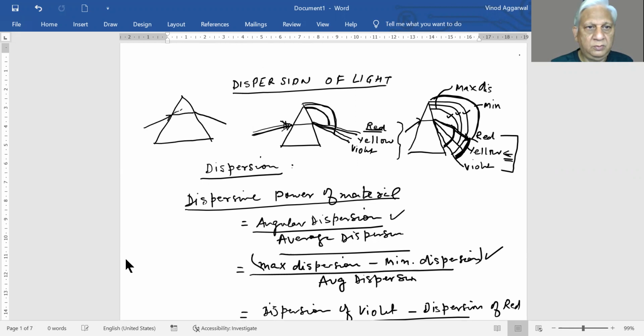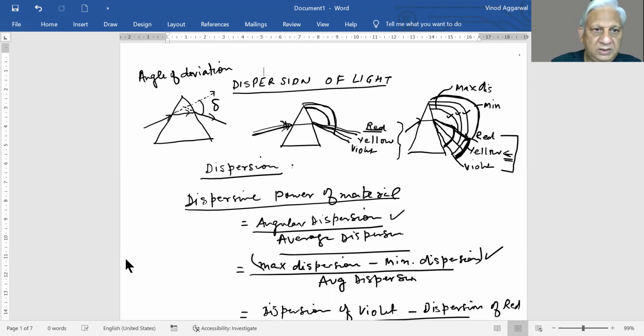So if there was no media, it would have gone like this. But because of double bending, it goes like this. So ultimately it has bent by this much amount. So this is called angle of deviation delta.